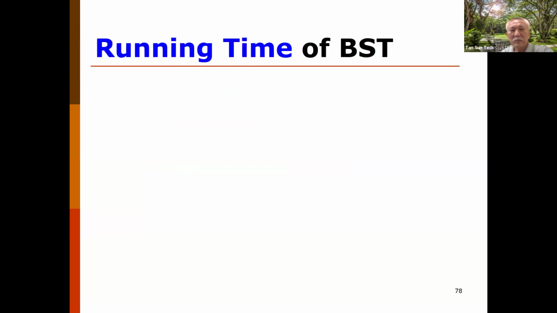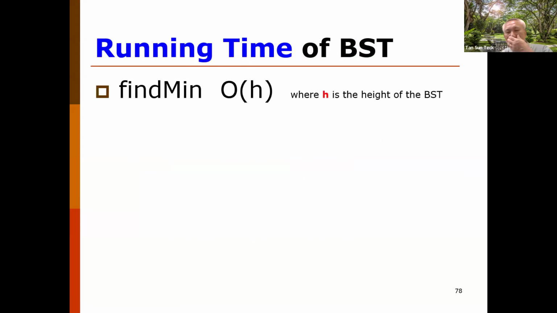So what is the running time of BST? We said that it is O(h), depending on the height. For example, if you go left, left, left, left, left, then it's actually a linked list, and O(h) is equal to the number of nodes. But you can just go down the left-hand side to find the minimum, which is O(h).